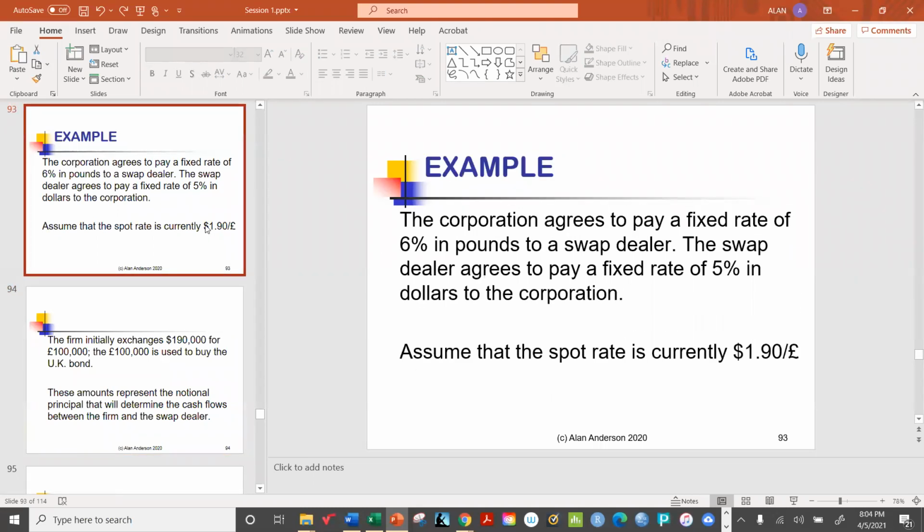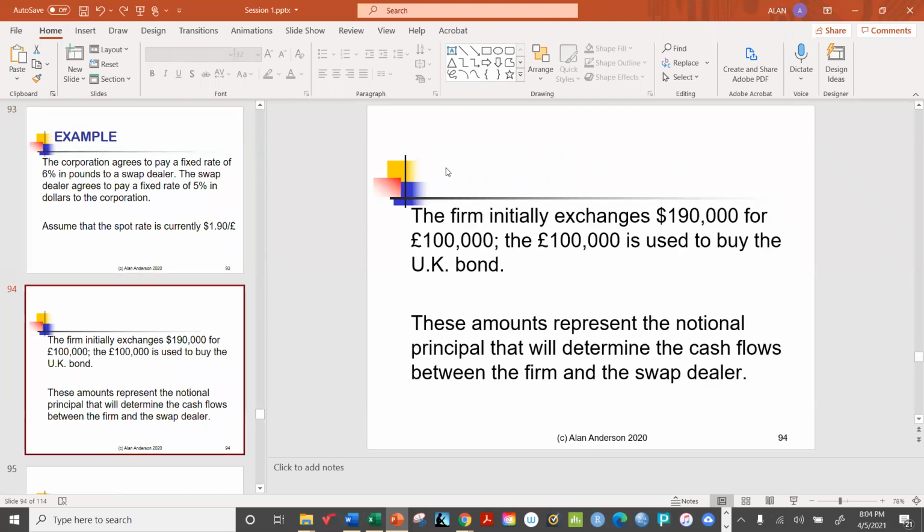Because the current exchange rate is $1.90 per pound, this 100,000 pound bond will cost us $190,000. So the interest rates in the swap are based on these two amounts. The dollar rate is based on $190,000, and the pound rate is based on 100,000 pounds.